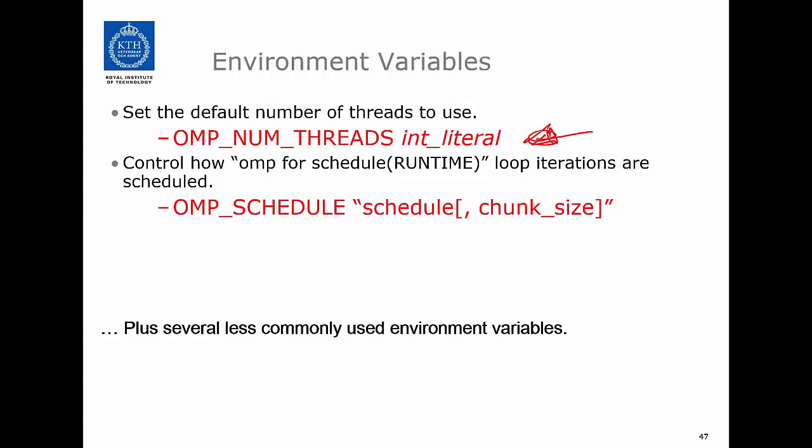So you set the environment variable OMP_NUM_THREADS, and if you're running the bash shell on Linux, you just write export OMP_NUM_THREADS=4, and then next time you run the program, you will run it with 4 threads.